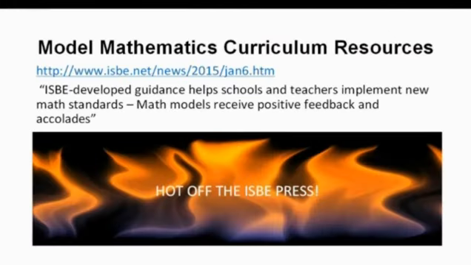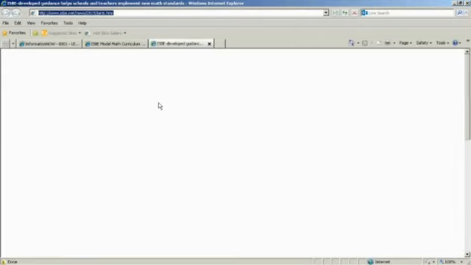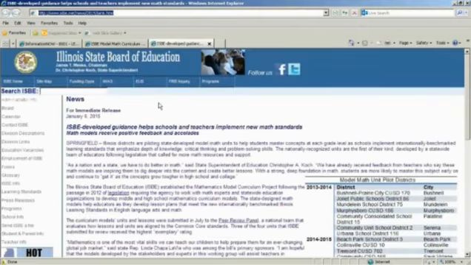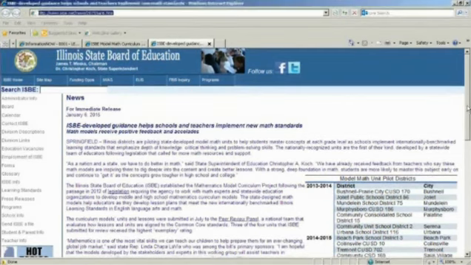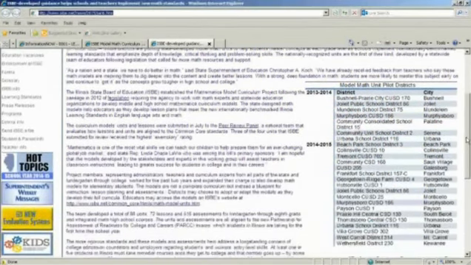To begin, I want to look at an article straight off of the ISBE website. This is important. It summarizes the history of the need for and the development of the Model Mathematics Curriculum Project. I want to draw your attention over to the right-hand side where there's a list of schools who are currently piloting the Model Math Curriculum.